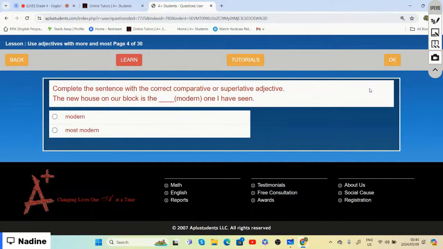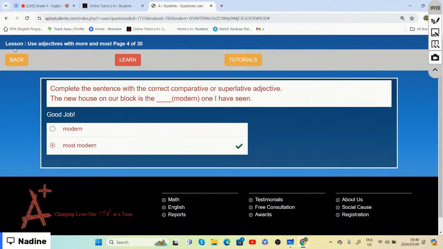Modern or most modern? All right, so we will choose our correct one and we'll say it is the most modern one I've ever seen.